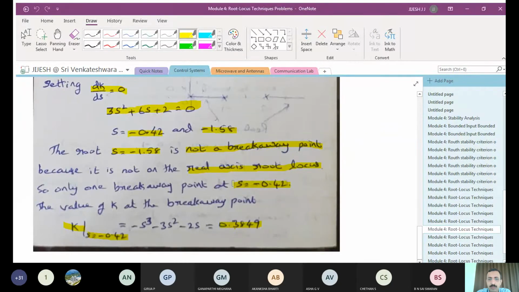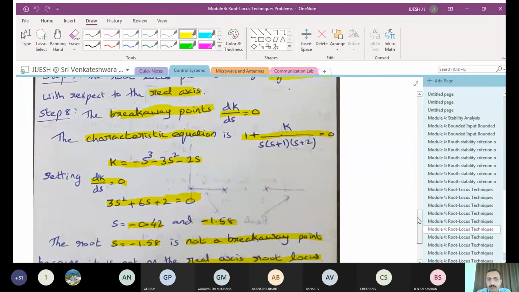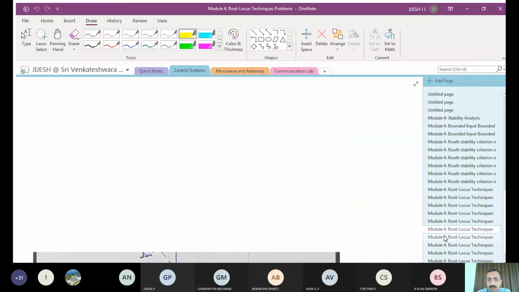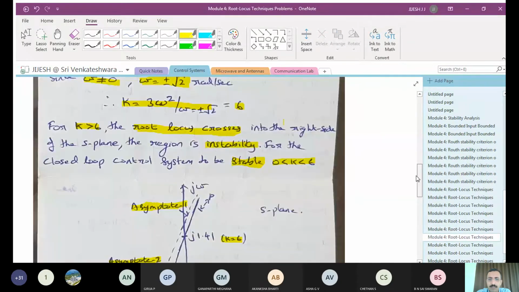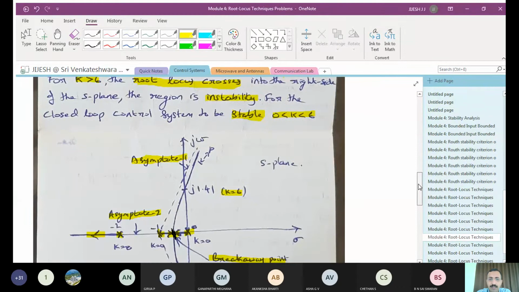So all of you plot this s is equal to -0.42, that breakaway point. When the value of k is 6, you can find what this value is going to be. So you will get j 1.41.